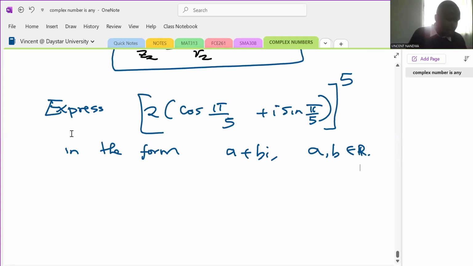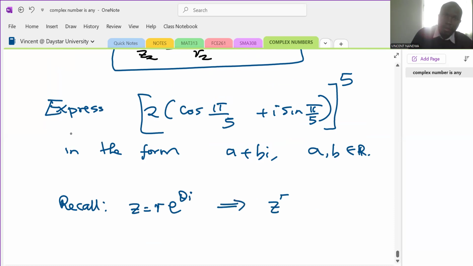So to work this out, recall that if z is given by r e raised to the power theta i, then z to the power 5 is r to the power 5 e raised to the power 5 theta i, as we raise to power 5 on both sides.